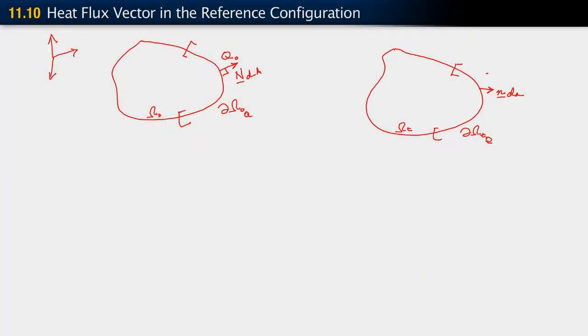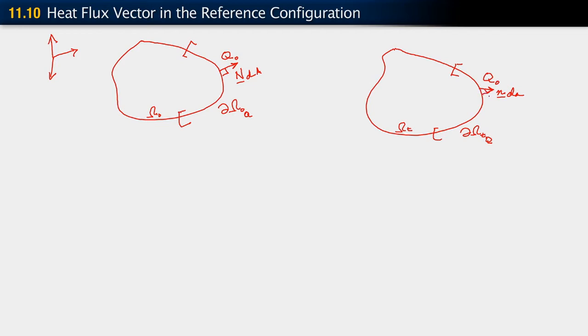Okay, now just as we did in the setting of stress tensors, we note that the only way to talk about equivalence of heat flux vectors between these two configurations is if we say that something is the same between these two configurations. We're talking of heat here, so what we are saying is that the heat influx to the body is the same in both configurations, right?